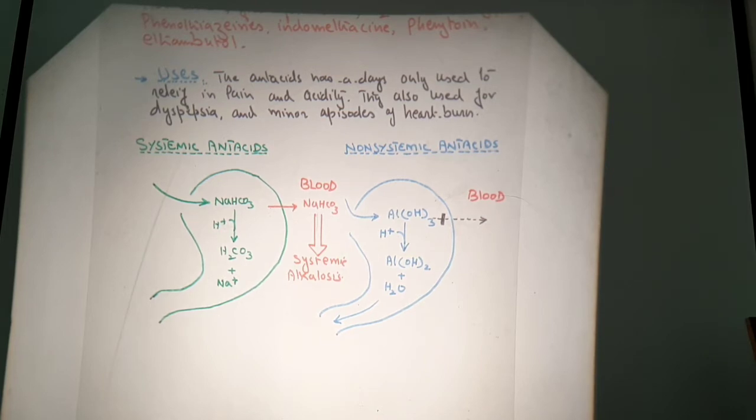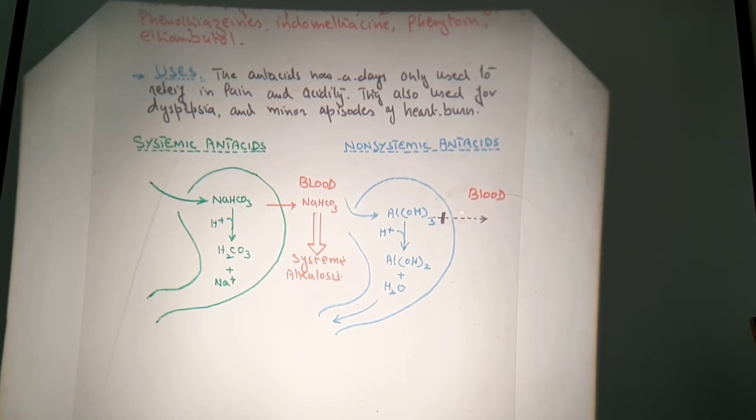Now the sodium bicarbonate enters into the blood, where systemic alkalosis takes place. In the stomach it gives sodium ions; in the blood it gives systemic alkalosis. Now again the non-systemic aluminium hydroxide.